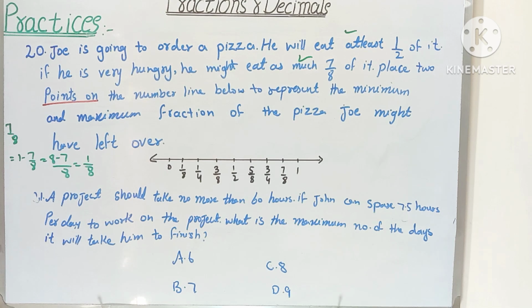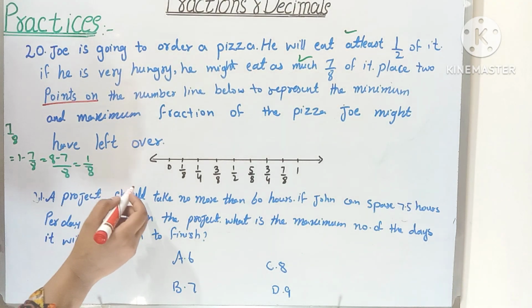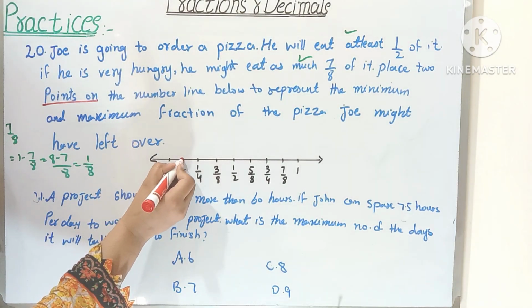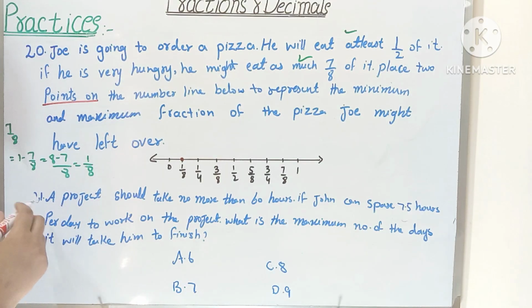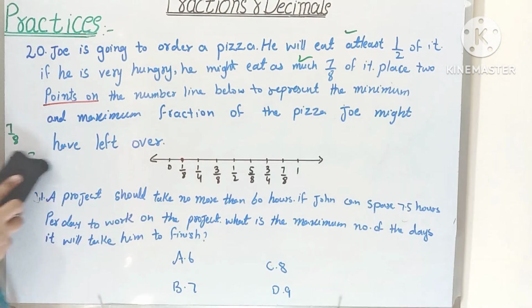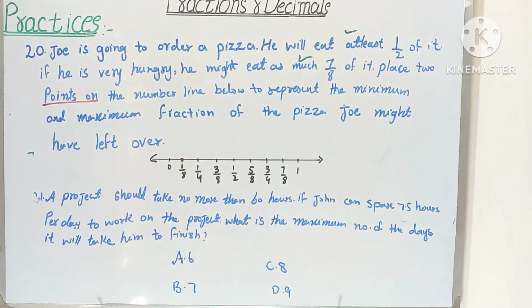So the minimum fraction of the pizza left over, when Joe eats the most, is 1/8. Now the maximum fraction left over is when Joe eats at least 1/2 of the pizza.